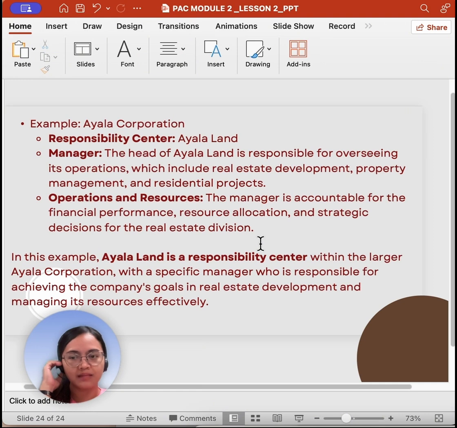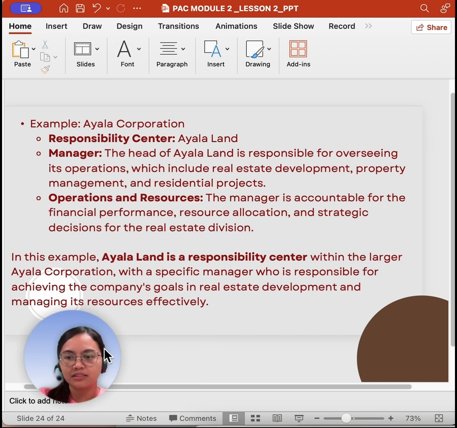So the manager does not interfere with the other businesses of Ayala Corporation. The manager of Ayala Land focuses only on his own area, which is Ayala Land. So in this example, Ayala Land is a responsibility center within the larger Ayala Corporation, with a specific manager who is responsible for achieving the company's goals in real estate development and managing its resources effectively.